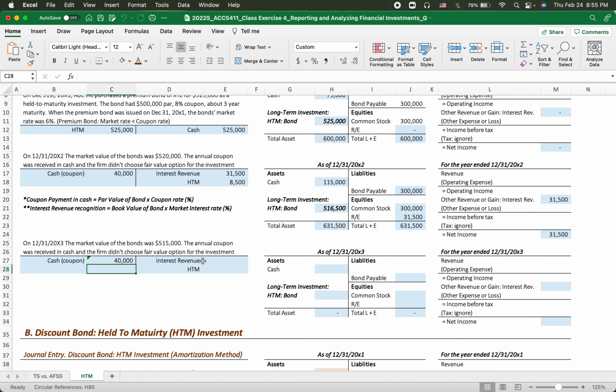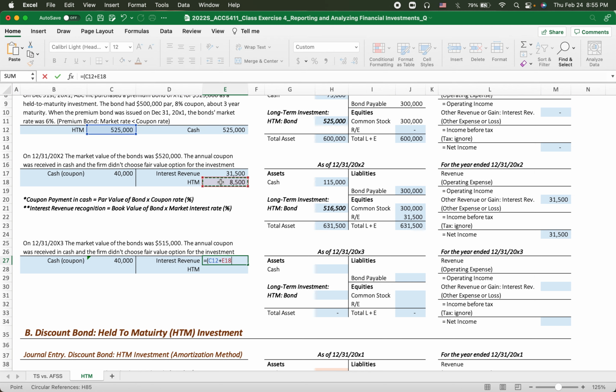This is the cash amount received. But the actual interest revenue the investor should record is how much? What is now the investment amount, updated and amortized? 516,500.